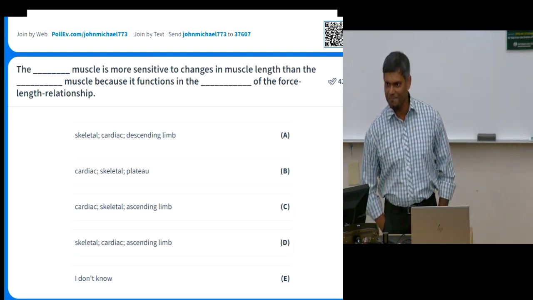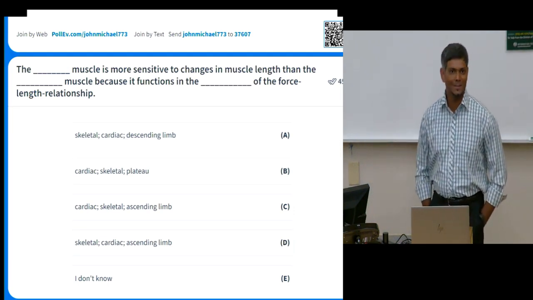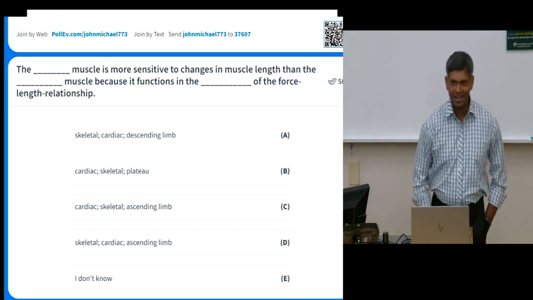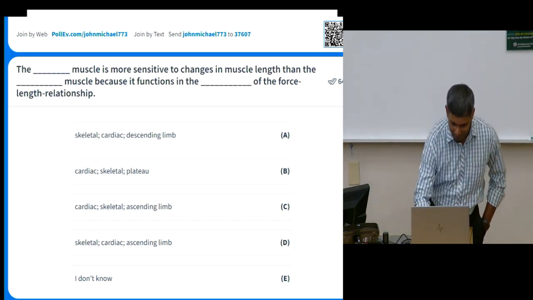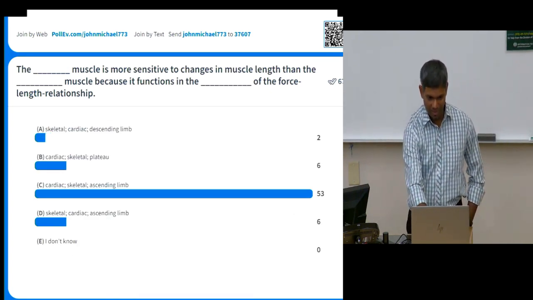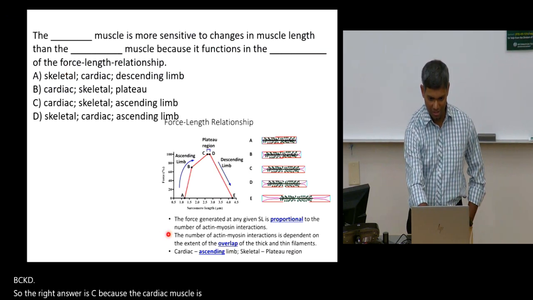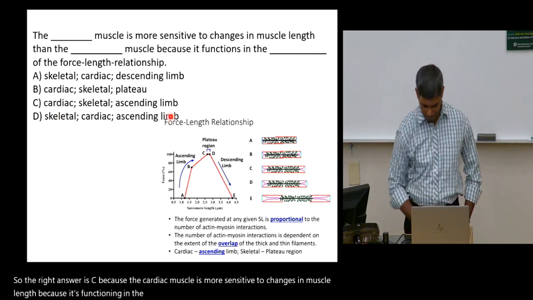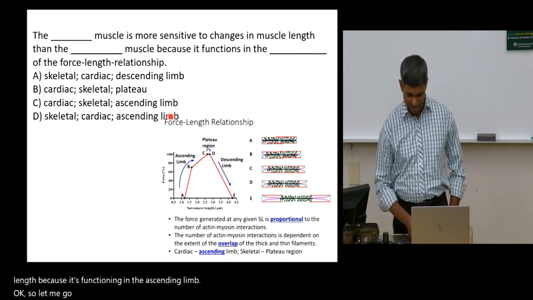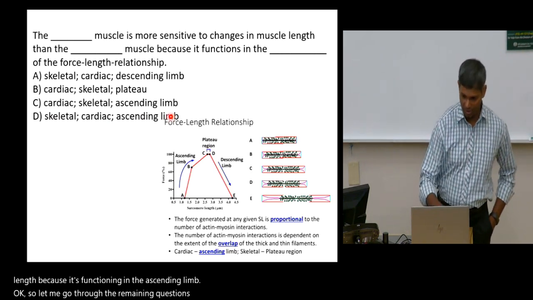How many of you think it's A, B, C, D? Alright. So, the right answer is C, because the cardiac muscle is more sensitive to changes in muscle length because it's functioning in the ascending limb. Okay, so let me go through the remaining questions from what I gave you on Friday.